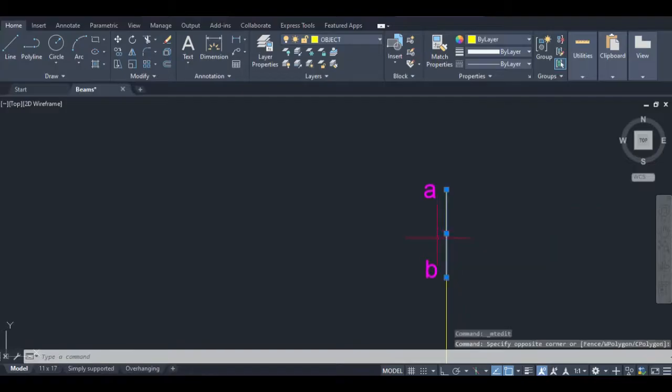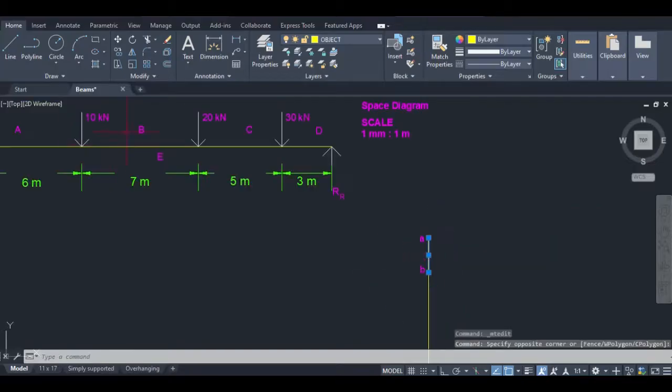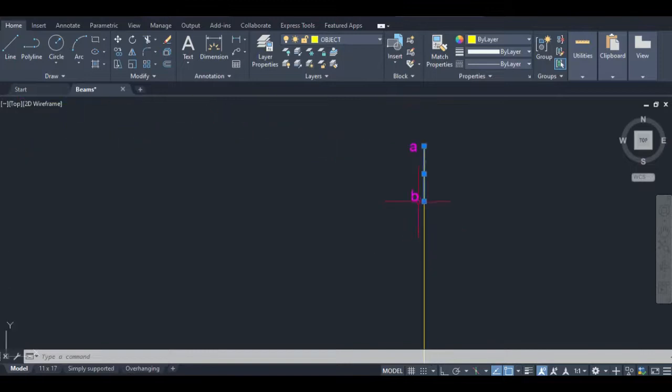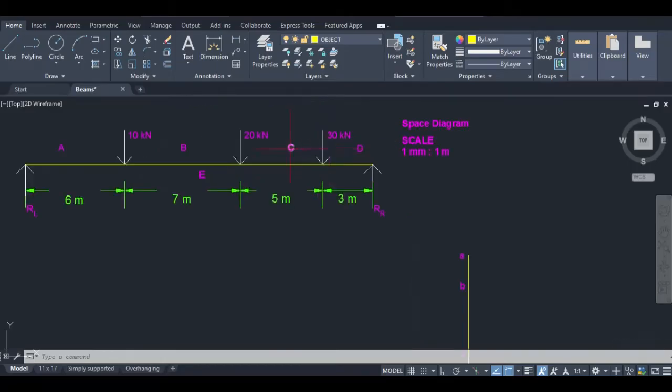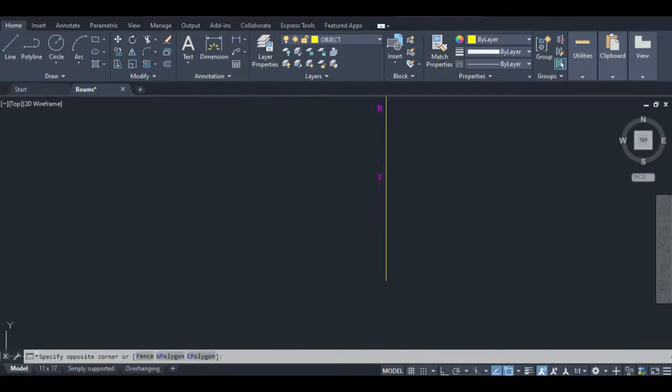So this is force AB. Then this second one, we would call force BC because it's between spaces B and C. And then this force is between spaces C and D, so it is called CD. Getting the gist.